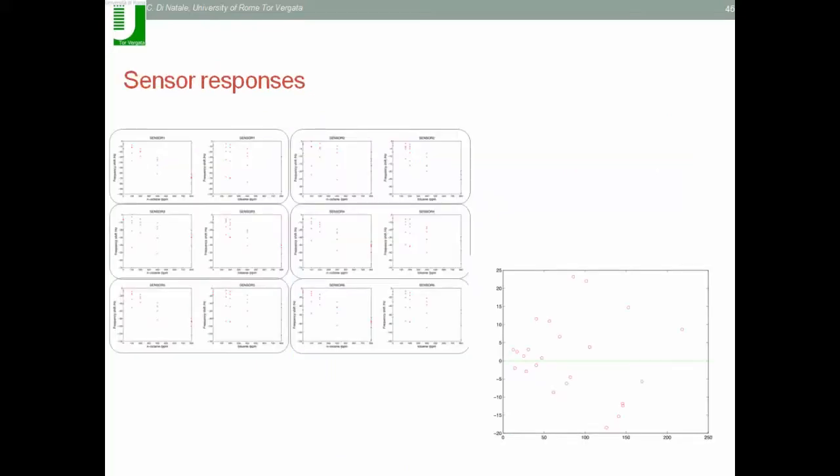This is not so visible, but anyway, for each sensor, this is the sensor response, and this is the concentration of N-octane and the concentration of toluene. They are using mixtures, so we have different characteristics because this is a function of two variables.